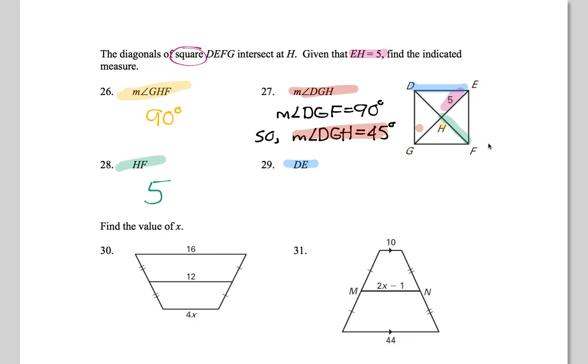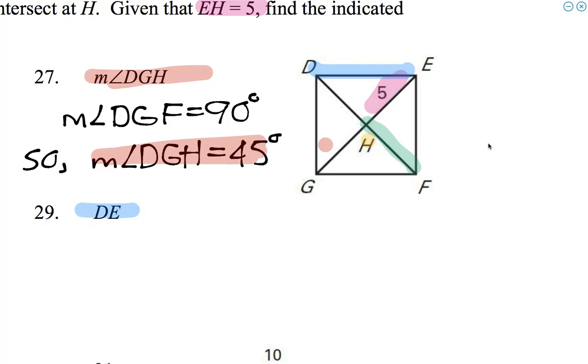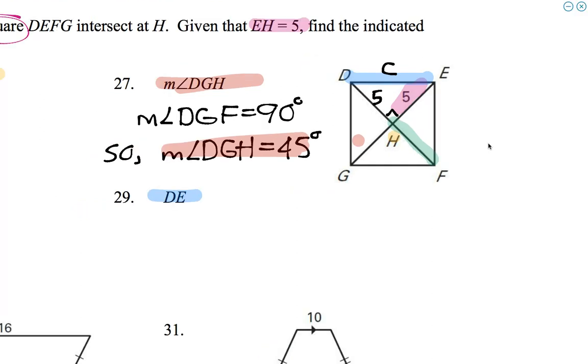DE requires just a little bit more critical thinking here. Two ways to look at it. This is also 5, and that's a 90-degree angle, so that's a right triangle. So the Pythagorean theorem says that that is C. So 5 squared plus 5 squared equals C squared.